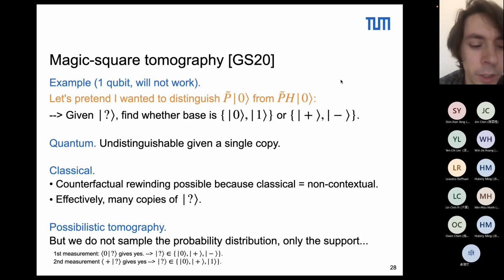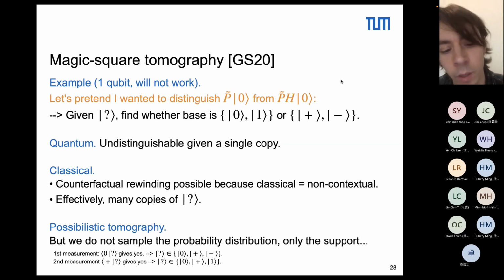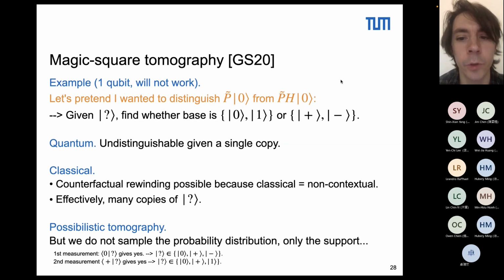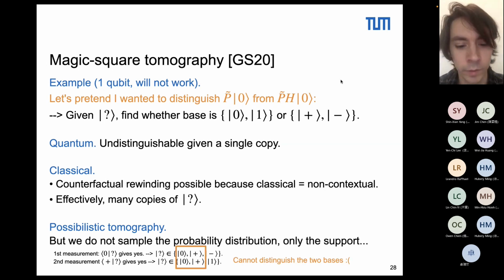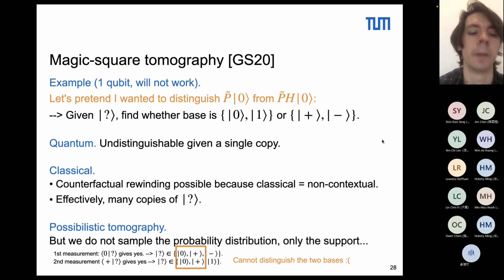If I make a second measurement in the Hadamard basis, and I obtain a plus, then it's the same thing. I know for sure it's not a minus, but I cannot tell if it's a 0, a plus, or a 1. So in both of these cases, we will have one state which belongs to the first basis and another state which belongs to the second basis. So we cannot distinguish them.